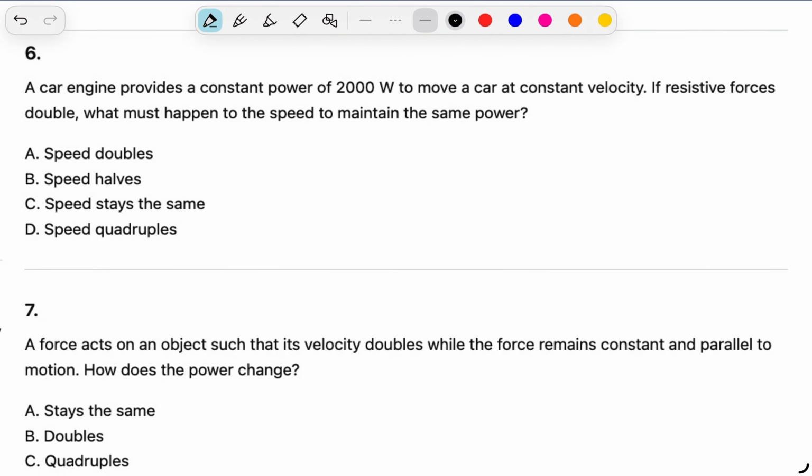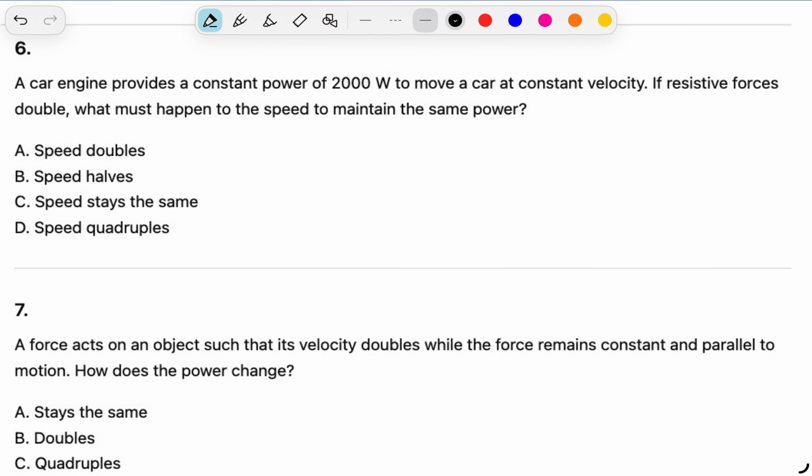A car engine provides a constant power of 200 watts to move a car at a constant speed or constant velocity. If resistive forces double, what happens to the speed to maintain the same power? So power is equal to FV. So this time we would just rearrange for V. V is equal to power over the force.